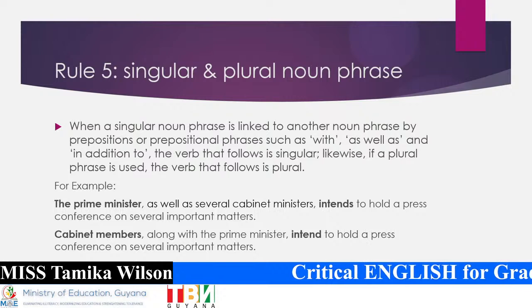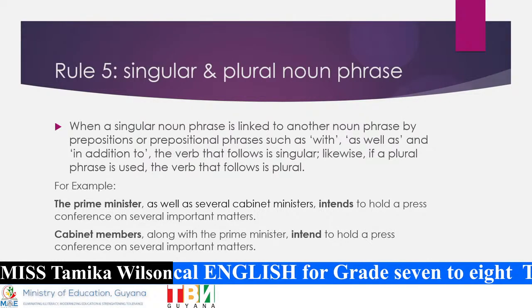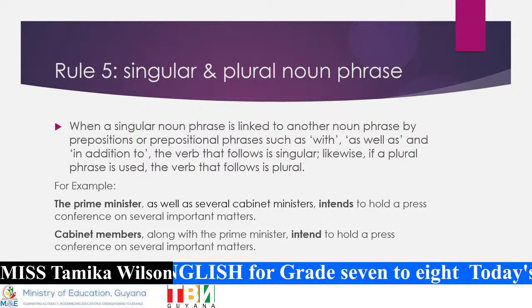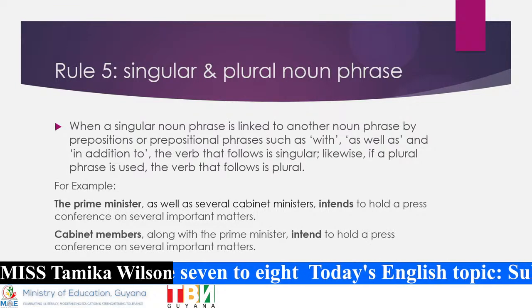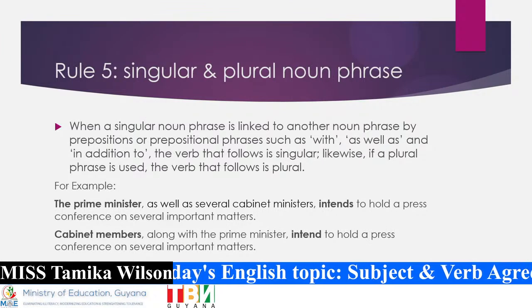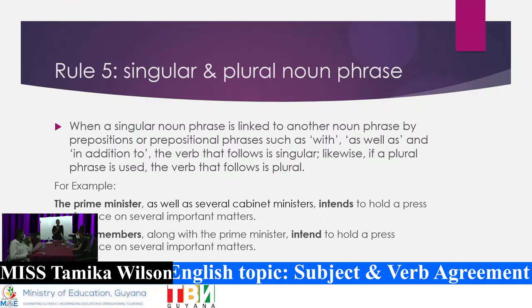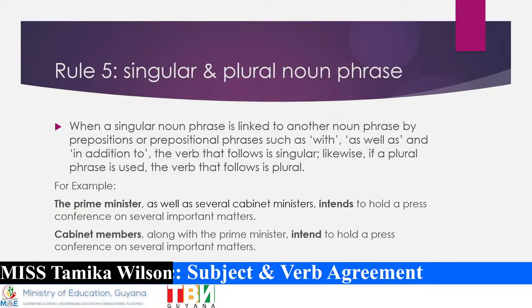Now the trick in this one is to ensure that we identify what the subject is. When we talk about what the subject is, who or what does the action of the verb. Now, who intends to hold a press conference on several important matters? The Prime Minister or the cabinet members? Prime Minister. Now, the phrase as well as several ministers, we can take that out.